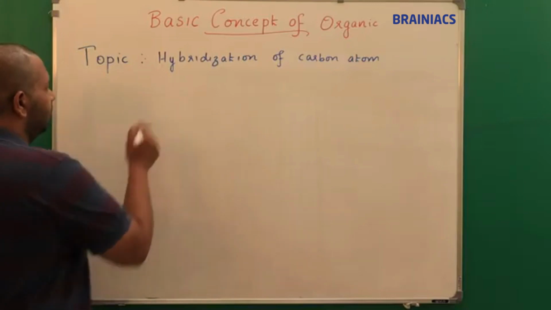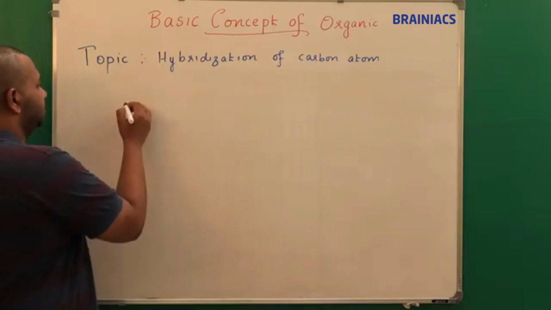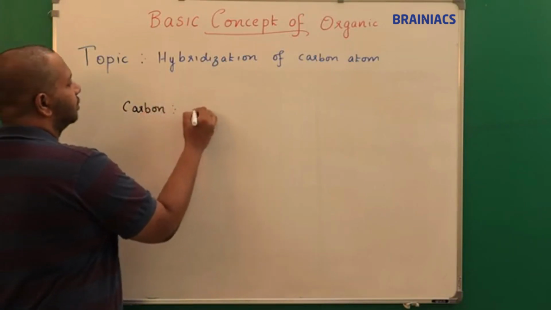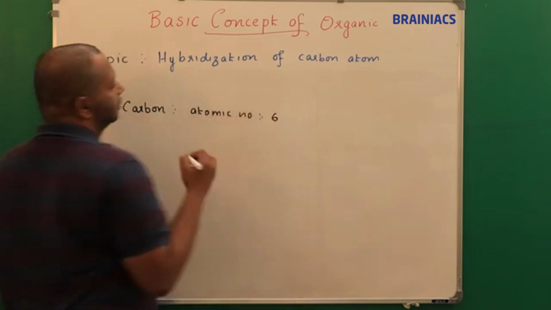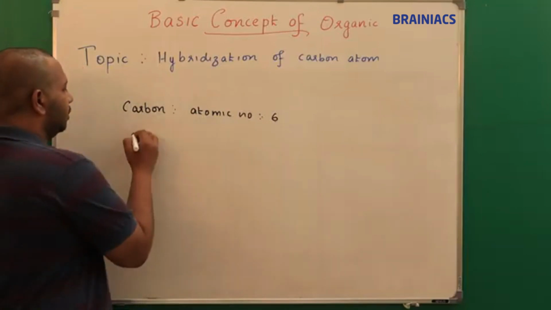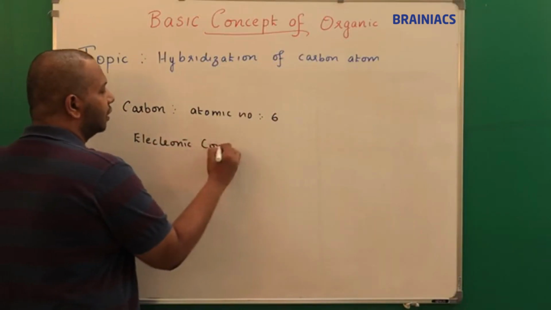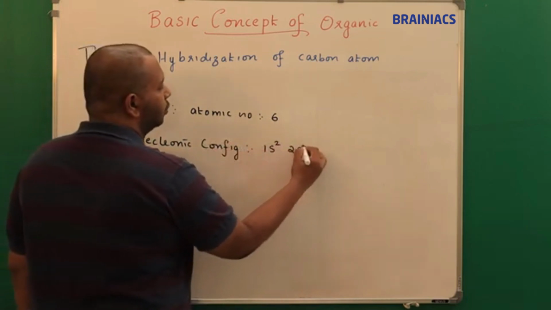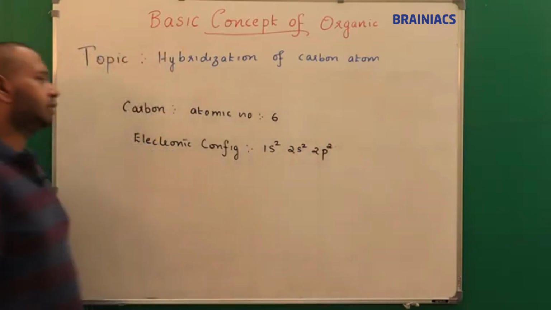Listen, so I know that you have carbon. What is its atomic number? The atomic number of carbon is 6, correct? So 6 means what is its electronic configuration? The electronic configuration of carbon is 1s2, 2s2 and 2p2, correct?